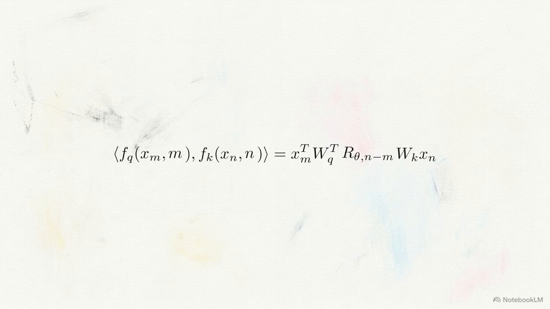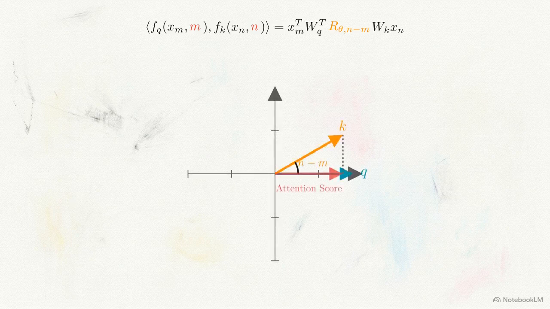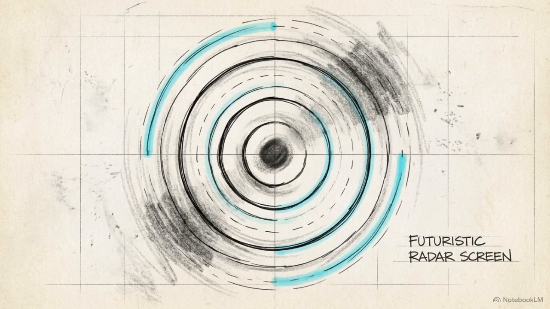Because rotations preserve length, absolute positions factor out during dot product calculation. The resulting attention score is dictated strictly by the relative distance between tokens. RoPE effectively translates linguistic distance into geometric decay, providing relative position awareness that can extrapolate beyond the original training window without adding new parameters.